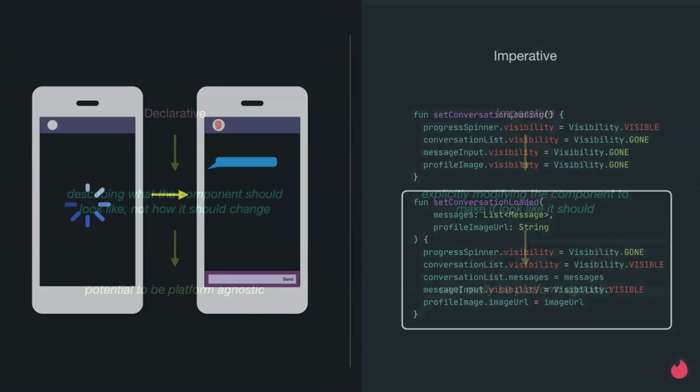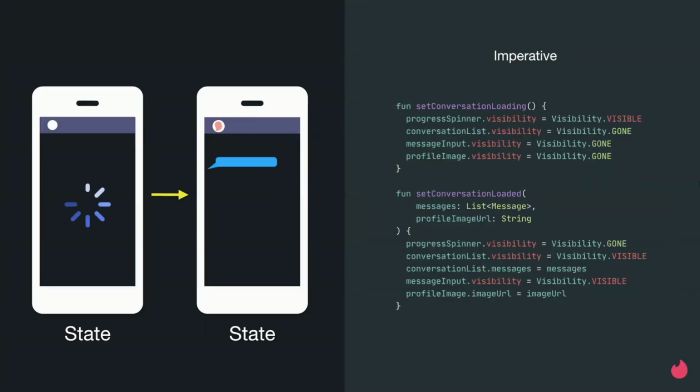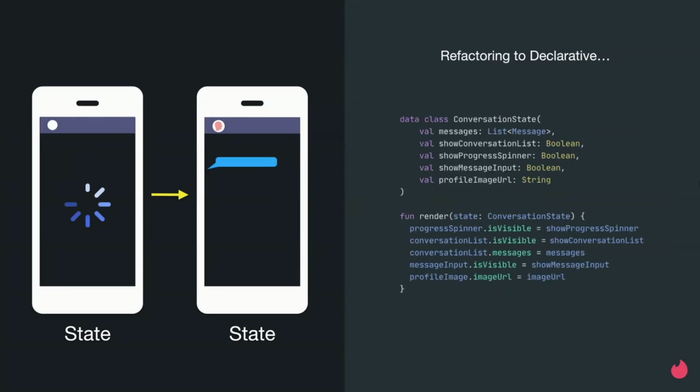In contrast, with declarative programming, you need only to describe what the component should look like, not how it should change. So, inherently, declarative UI has the potential to be platform agnostic, whereas imperative does not. If we were refactoring the previous example to be declarative, the first step would be to compile a state object to describe what we want to see.